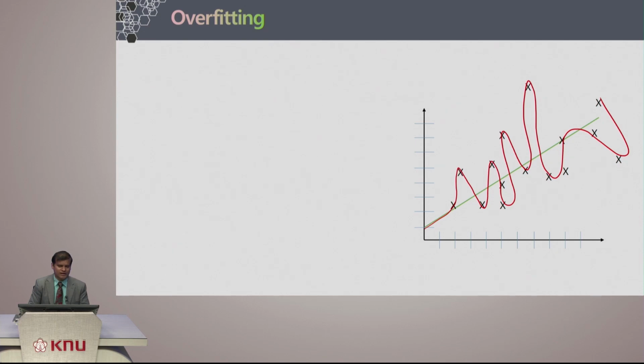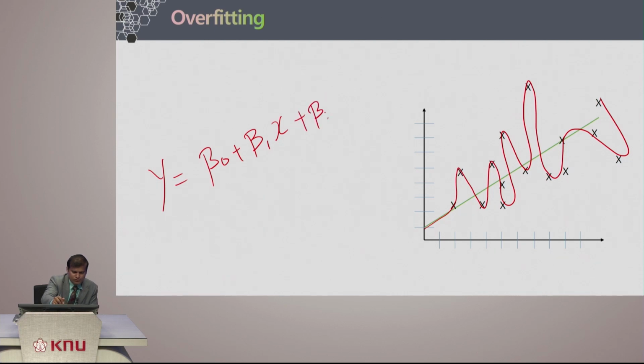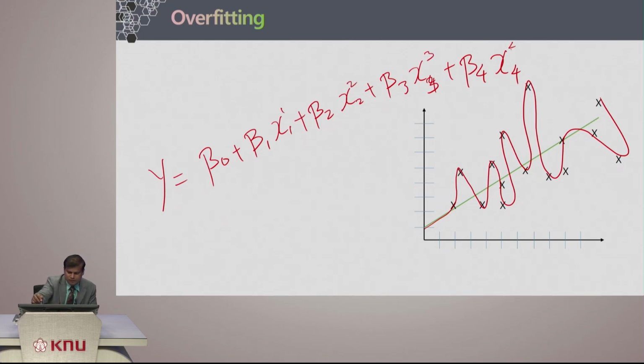When it comes to polynomial regression, they become more complex. Sometimes some of the features are not needed actually. When we talk about a house, for example, if you have y equals beta naught plus beta 1 times x1 plus beta 2 x2, beta 3 x3, beta 4 x4, and so on. As the power increases and the polynomial terms increase, the number of features increases, and the system becomes more complex as a whole for us to represent and to evaluate.